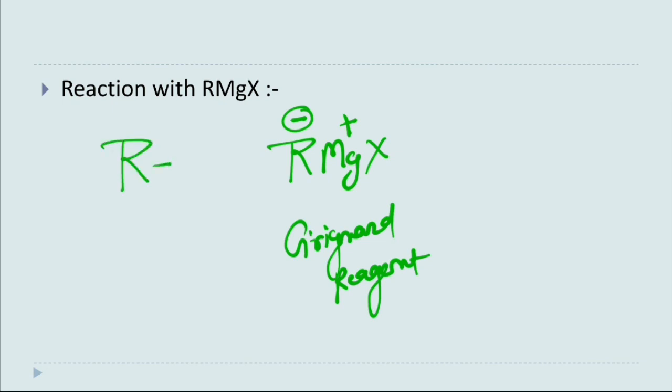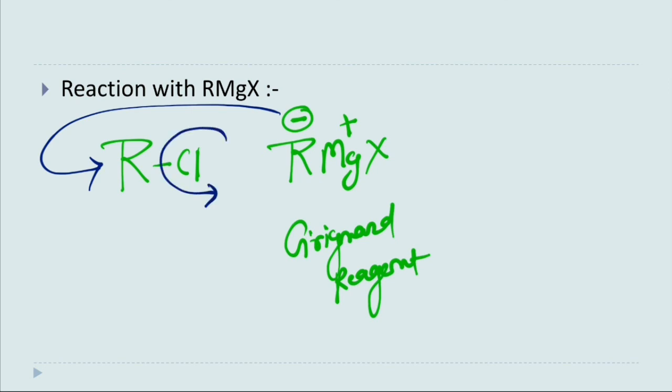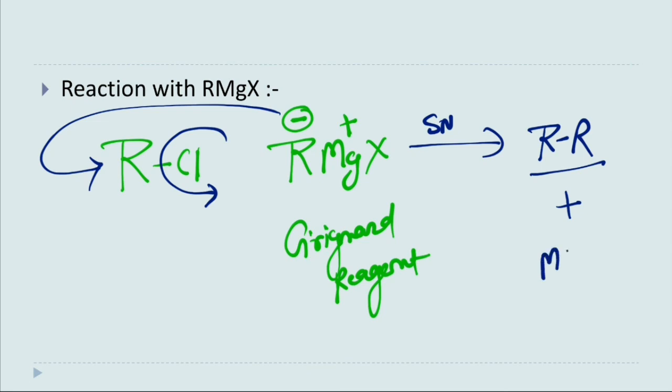Now see, suppose we have this haloalkane, so this R negative will attack the carbon containing the halo group, and the halide will be removed from here. So an SN reaction is taking place here, and we will get higher alkanes with MgXCl. Suppose we have CH3Br plus C2H5MgCl.